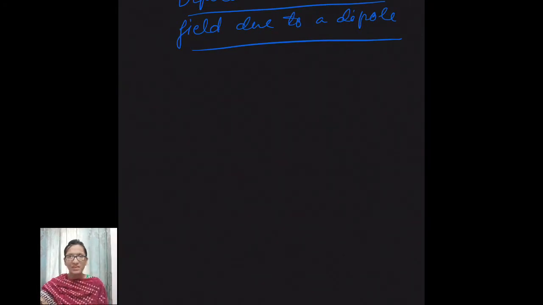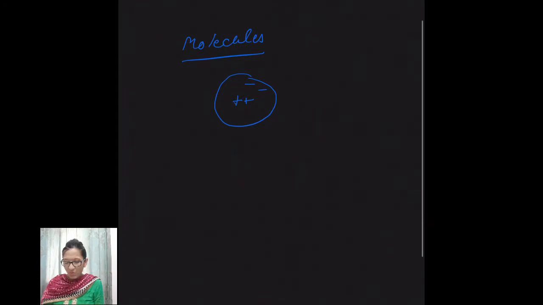In the form of dipole, we know we have matter made up of molecules. And each molecule has an equal number of positive charges and negative charges. So on the whole, molecules are neutral.